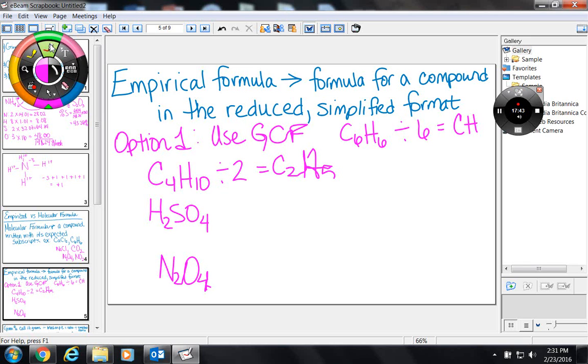You can't just change it to HSO2, because that wouldn't be sulfate. You're right. If I tried to divide this, I'd have half of a sulfur. I can't have half as a subscript. So the answer is 1.